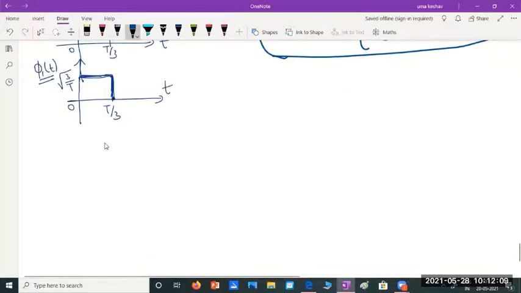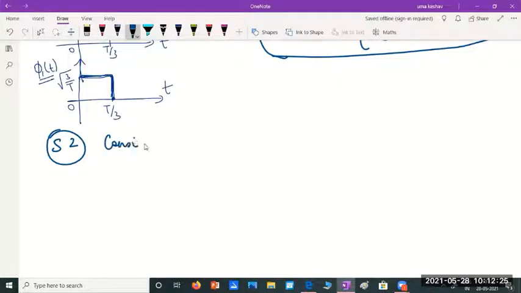Okay. Now let's do what? Step 2. I found S11 and phi1. So in step 2, I have to consider S2.